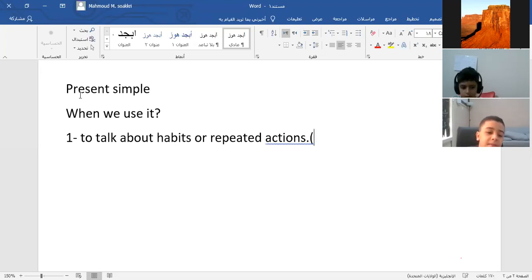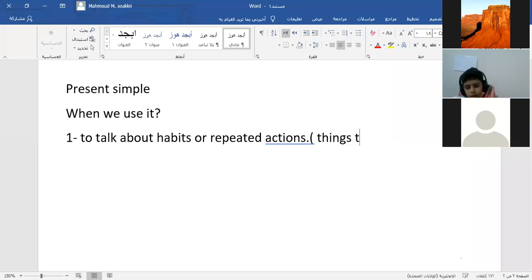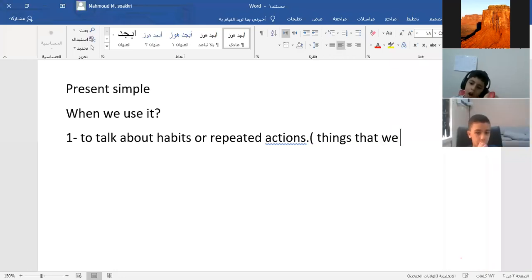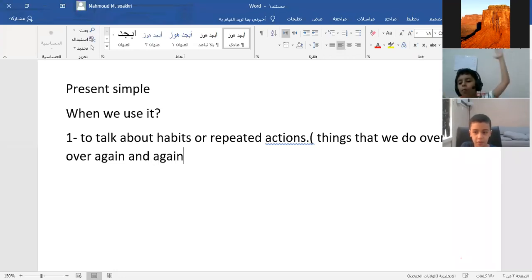What does it mean, habits and repeated actions? Things that we do over and over again and again. This is the meaning of repeated actions or habits.